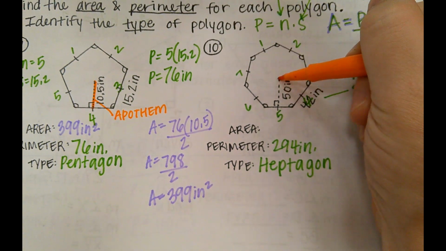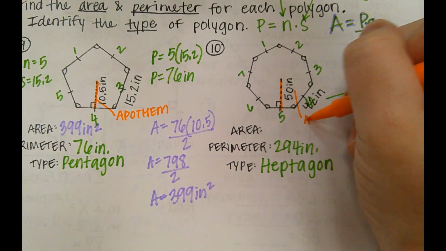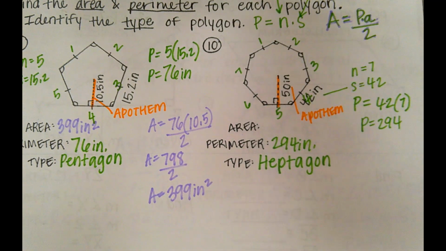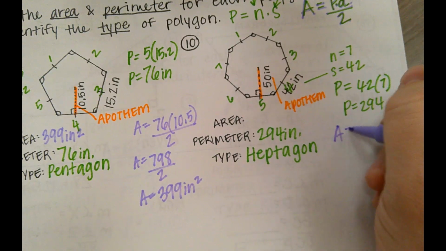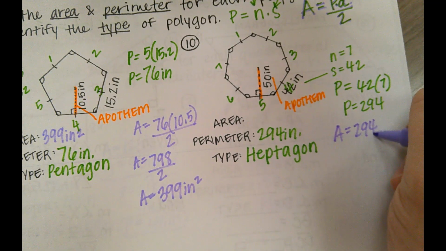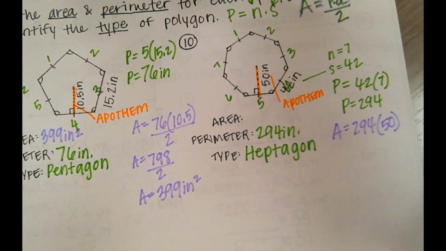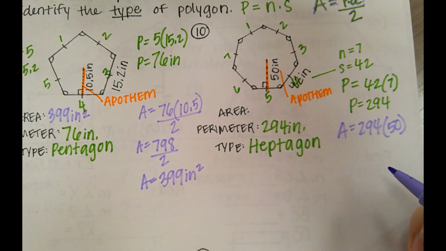Okay, now, again, how do we find area? Perimeter times the apothem, which would be 294 times 50. Is that the whole formula? No. You times that, you'll get 14,700, and then you divide that by 2.